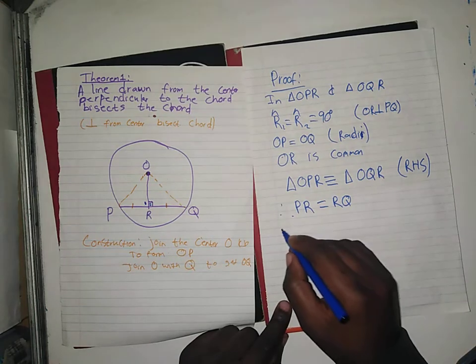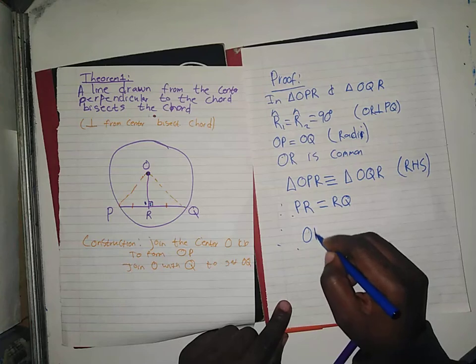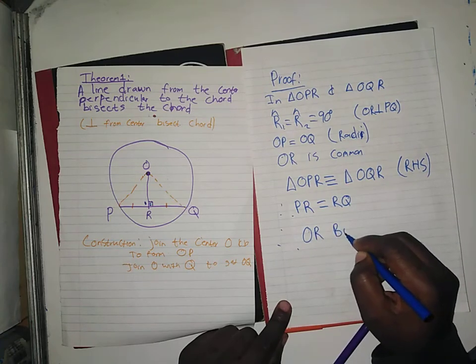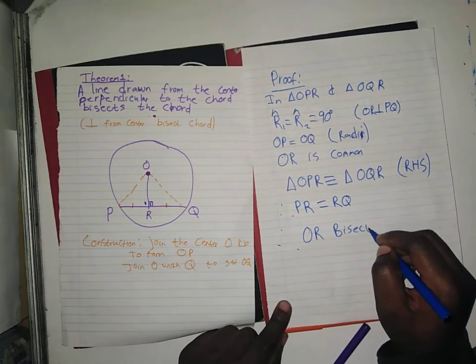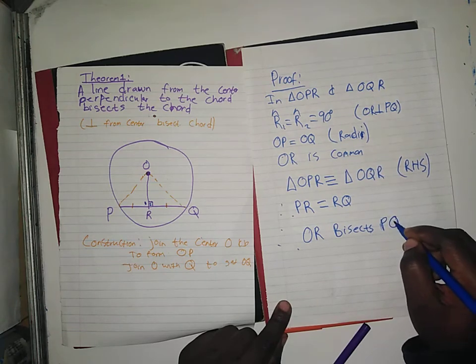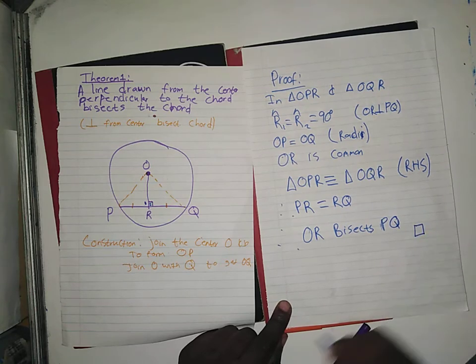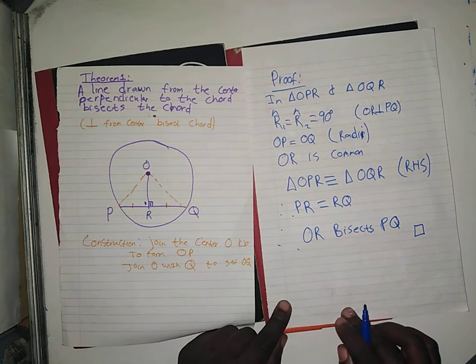So because of that, you can then say OR bisects what? PQ. And ladies and gentlemen, this is what we are supposed to prove. This is our proof. This is how we show that our proof is done. All right. Okay. This is how you prove this theorem, Legendary personalities.